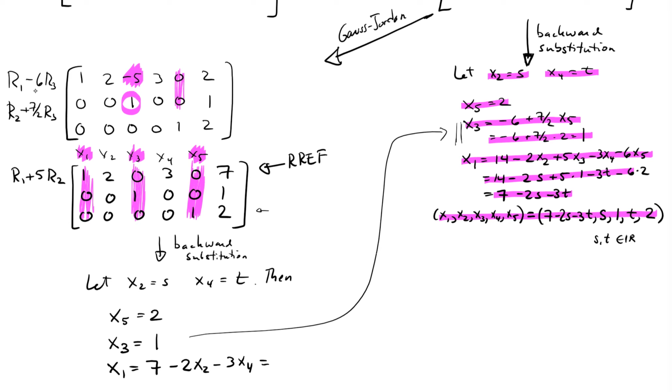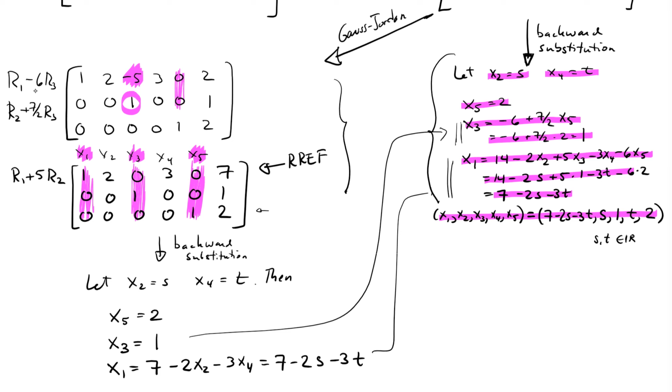So technically I could even write immediately 7 minus 2s minus 3t and not do any work again. So compared to this, there's no work to do here to recover the 7 minus 2s minus 3t. So essentially the work that's done here is moved here.